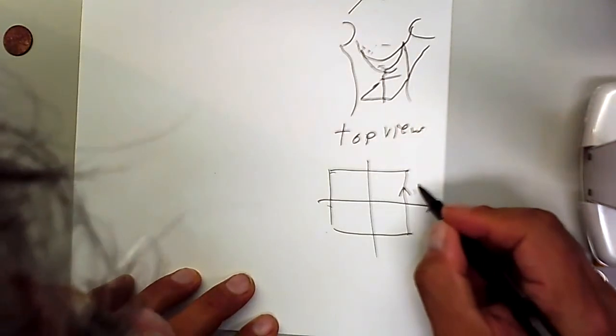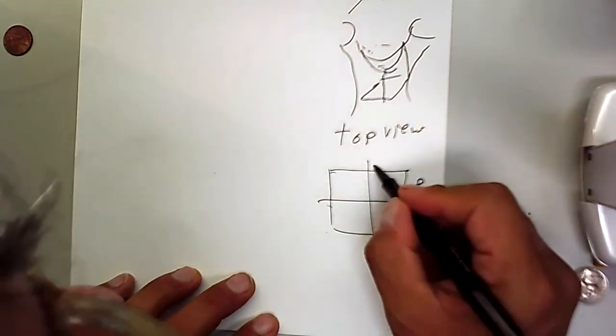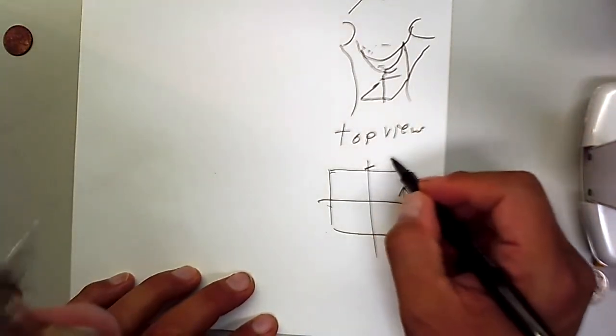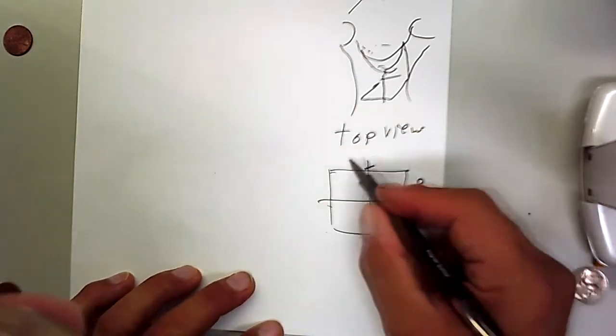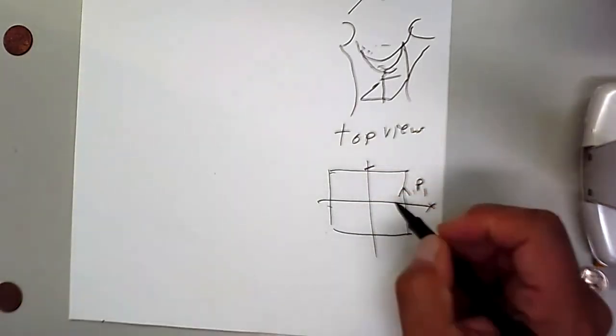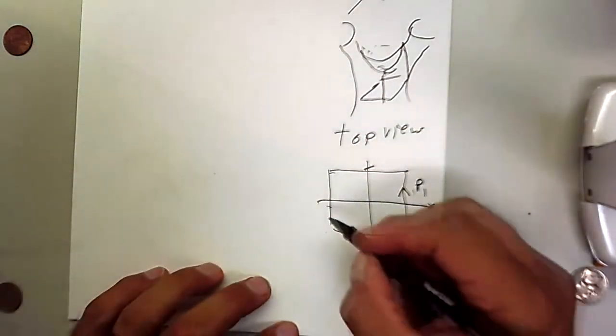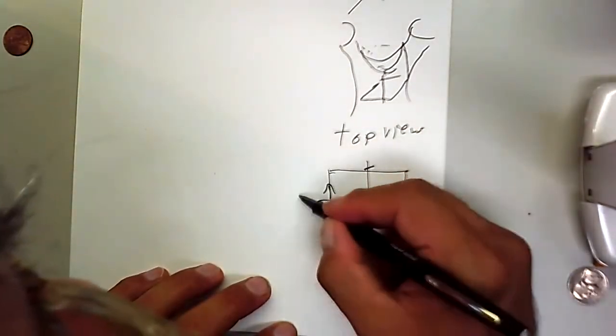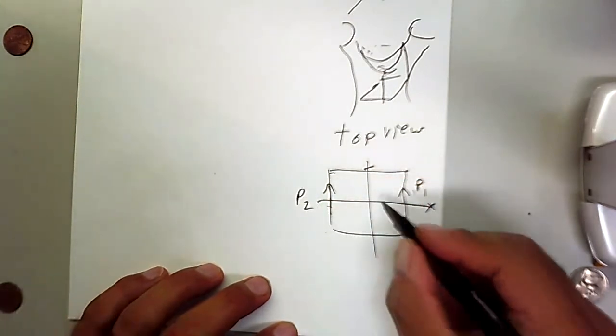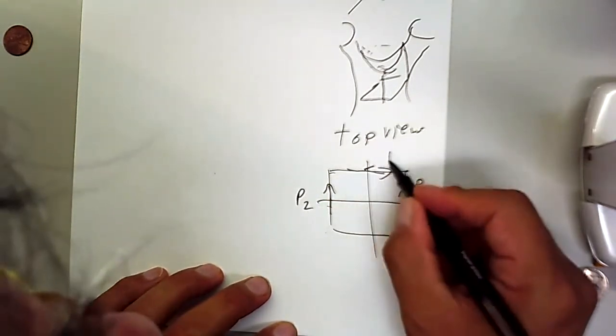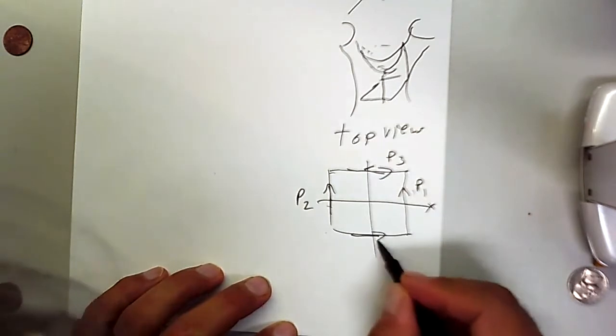I'm going to call this P1 for path 1. Eventually we want to go around in the same direction, but for purposes of this example, we don't have to. So we can go up again in path 2. And then this is going to be path 3. And this is going to be path 4.